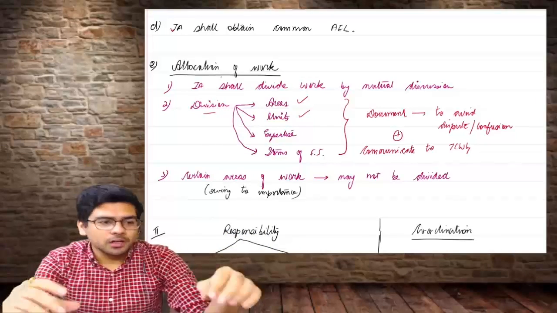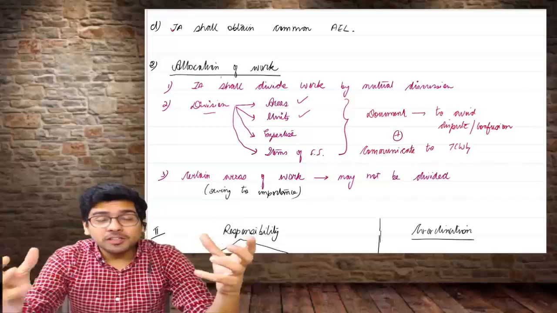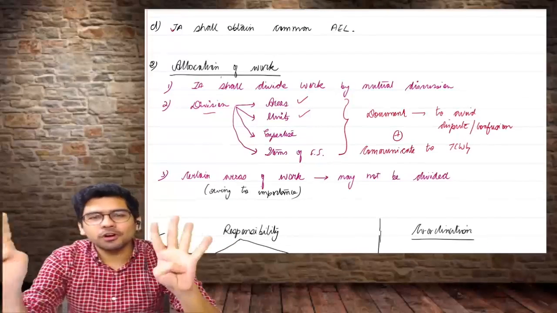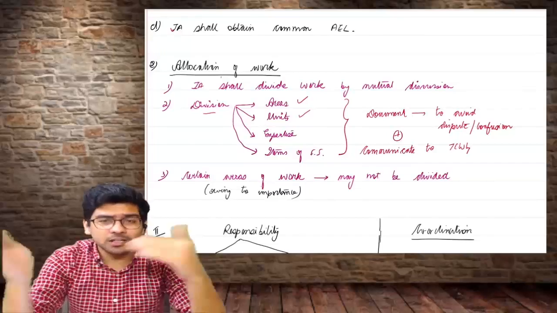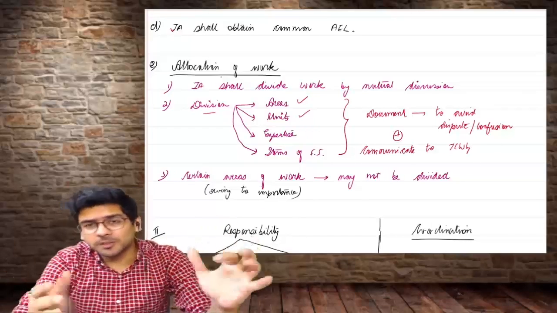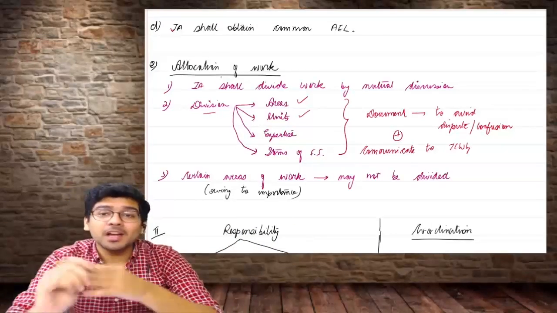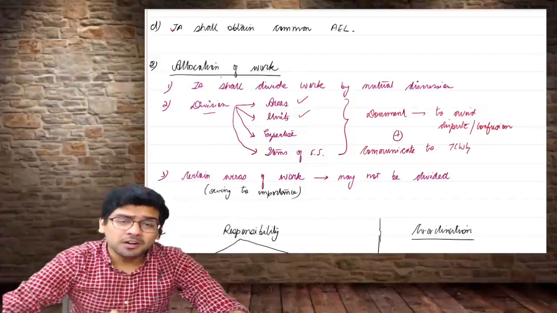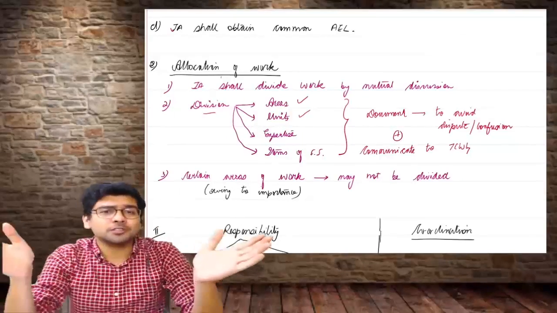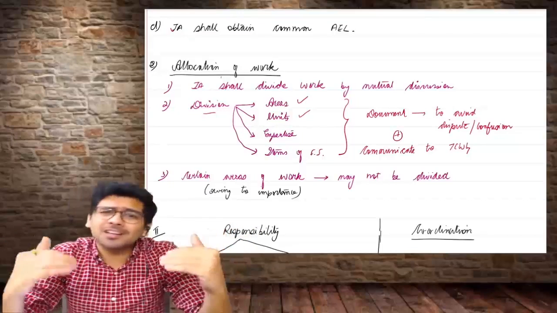Then probably we can divide the work on the basis of the items of financial statements. 4 auditors. Okay, first auditor, you check the assets. Second auditor, you check the liabilities. Third auditor, check the income. Fourth auditor, check the expense. This way also we can go. Right, and let's say if there are more auditors, in expense also, these are the items which this particular auditor is going to check. So division of responsibilities, division of work can be done in any of these ways.